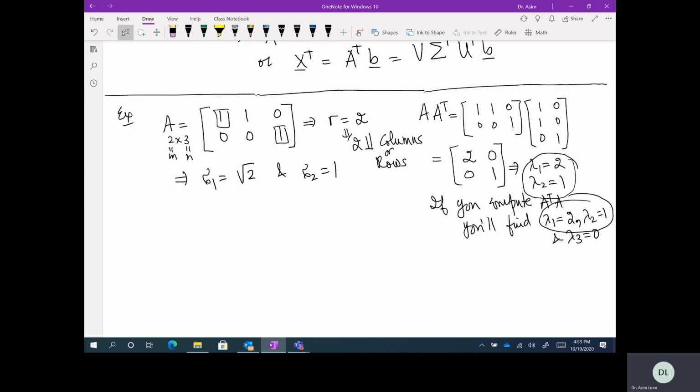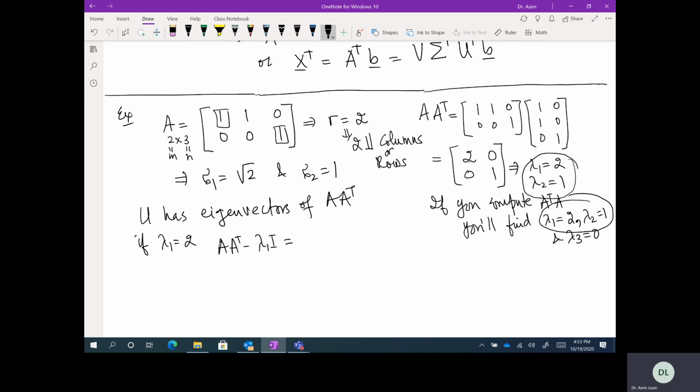Okay, so what is U? So U has eigenvectors of A transpose. So if lambda 1 equals 2, then A transpose minus lambda 1 I gives me what?